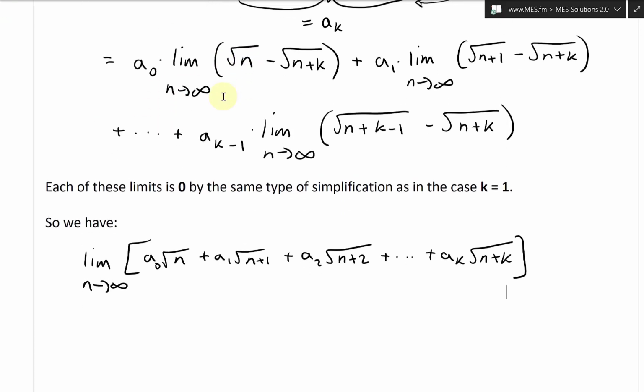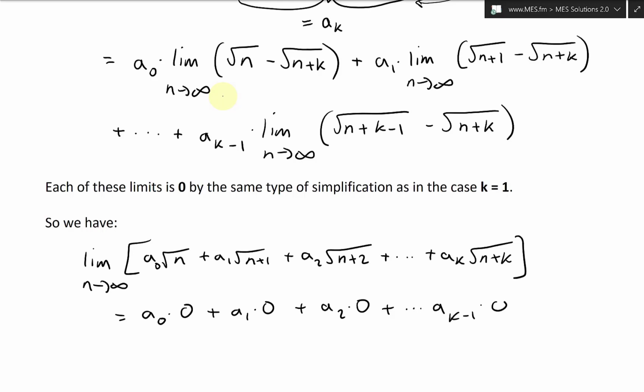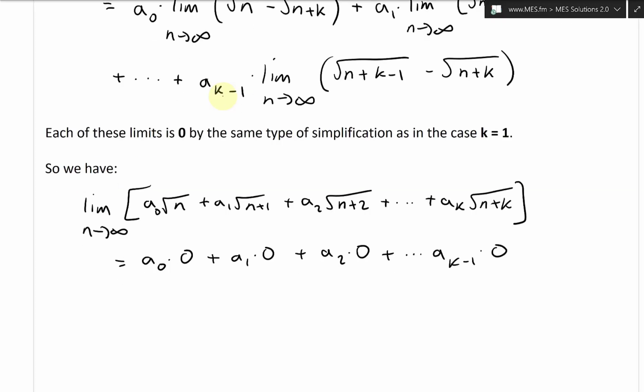So this equals a0 times 0 plus a1 times 0 plus a2 times 0 plus dot dot dot plus a(k minus 1) times 0. So this whole thing is equal to, you guessed it, 0. And we've proven our setup.